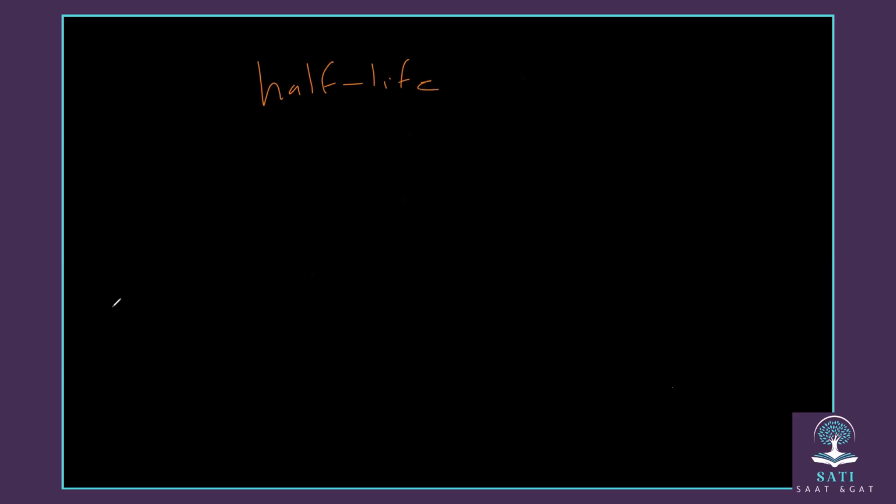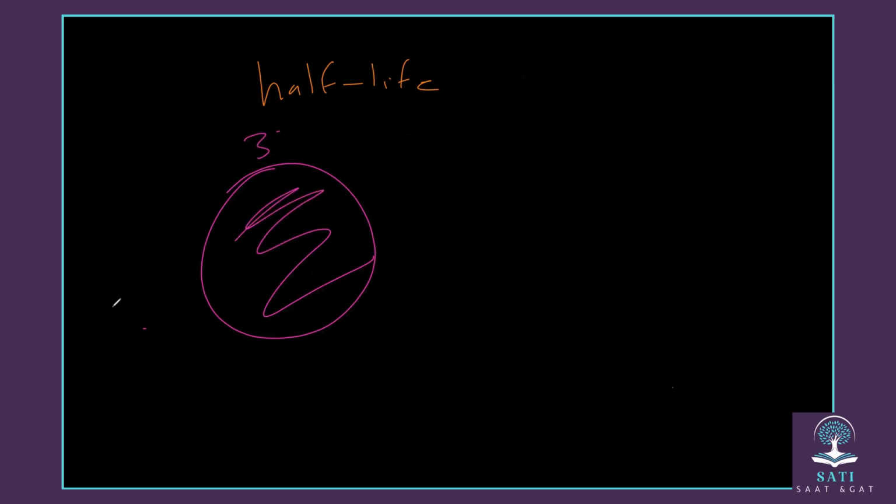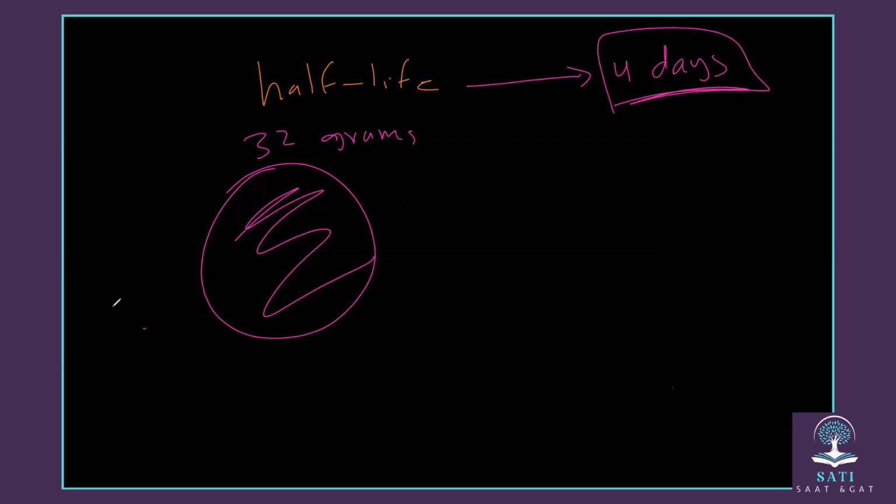Half-life means if I have a mass of a nucleus that is, for example, 32 grams, and I tell you the half-life of it is, for example, 4 days. What does that mean? The half-life of a nucleus is 4 days or 5 days or years or hours.